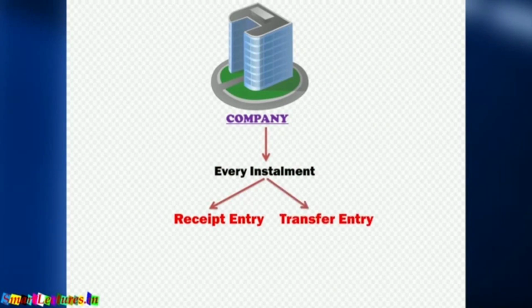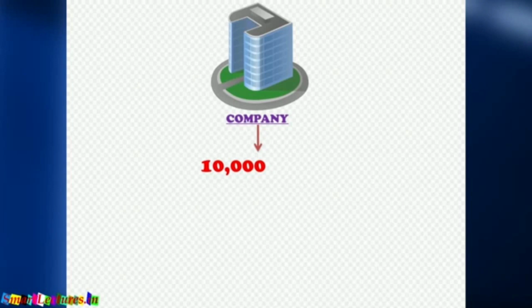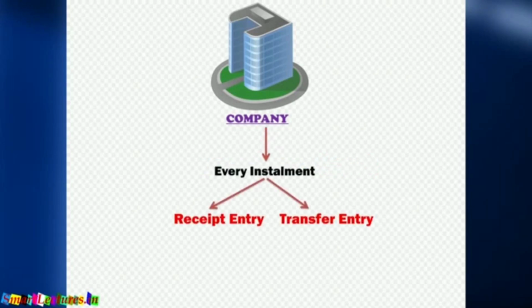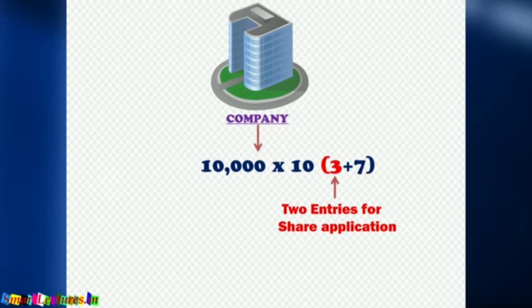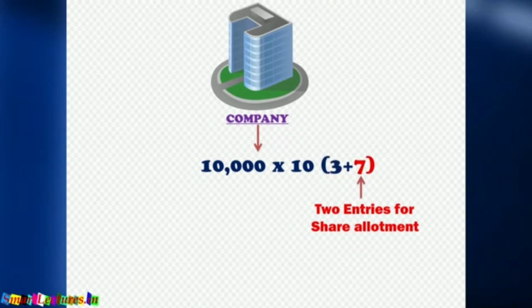Suppose company issues 10,000 shares of rupees 10 each. The money was called in two installments of 3 and 7. You know, there are two installments. I have already explained you two journal entries will be passed for each installment. It means in this situation, we have to pass four journal entries. Two journal entries for share application and two journal entries for share allotment.